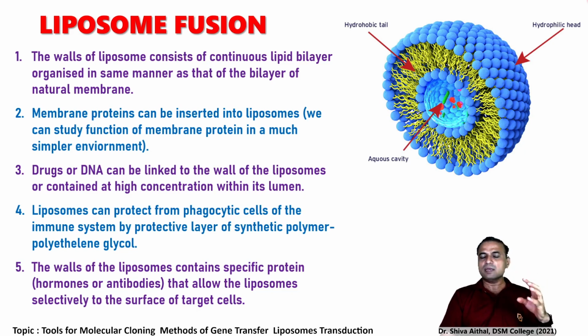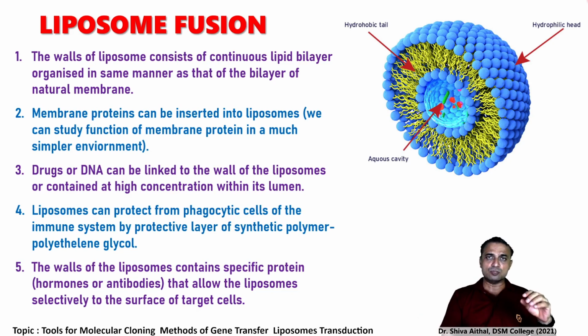The walls of the liposome consist of a continuous lipid bilayer organized in the same manner as the bilayer of a natural membrane. This membrane can entrap, as I said, proteins, DNA, RNA, anything. Membrane proteins also can be inserted into liposomes. So in the gene delivery technique, we are trying to entrap a gene of interest, that is the DNA.